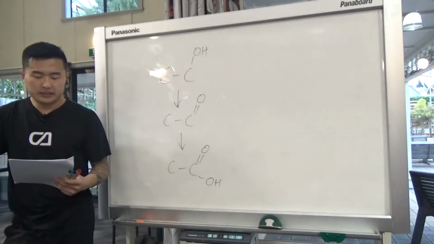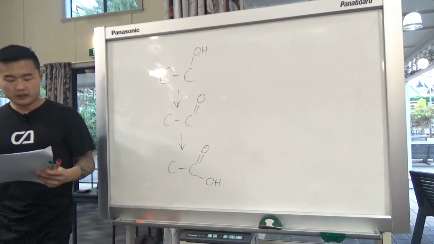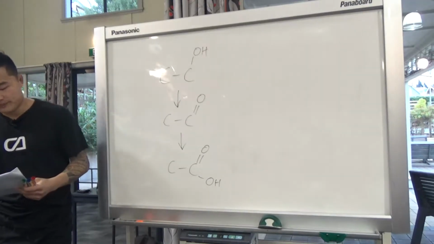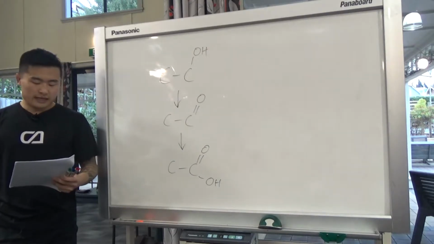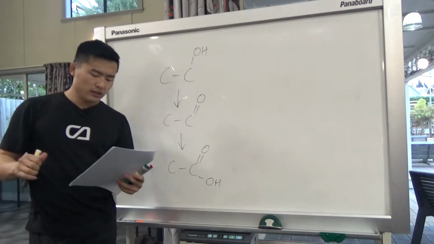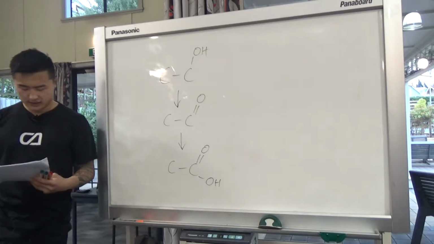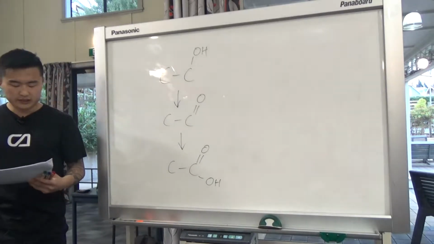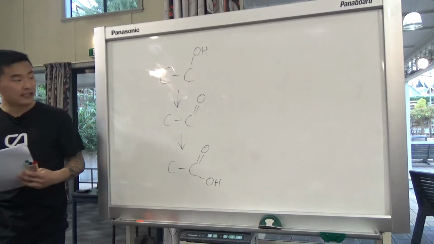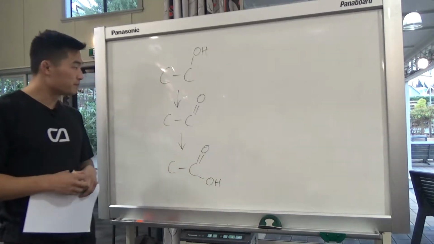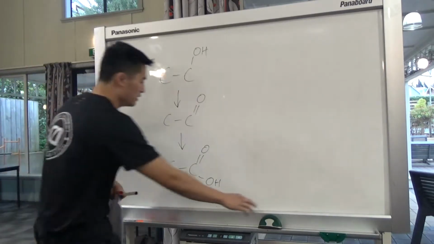So each of these reactions, if you look at the diagram on the bottom, uses up a NAD plus and turns it into an NADH.